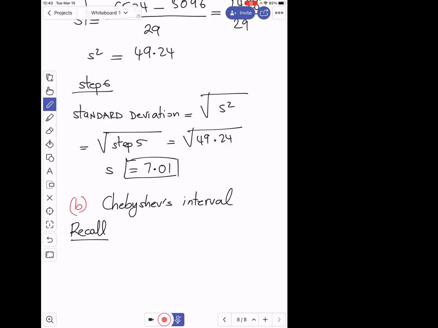If you see in the problem that it says at least 75%, then the Chebyshev interval would be x bar minus 2s, x bar plus 2s. The x bar, again, is the mean, and s is the standard deviation.